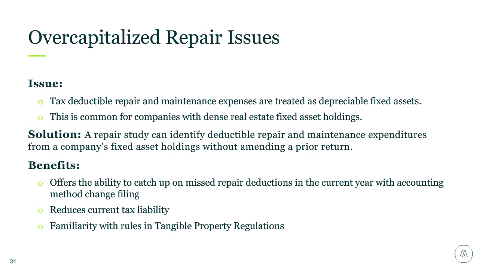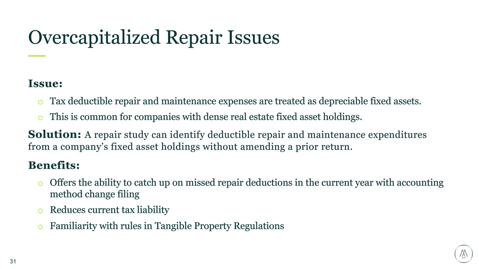And as accountants, that could be challenging for us sometimes to understand a specific plumbing system or HVAC system and how a project is really impacting that. So as a result, unfortunately, we do see some of those deductible repair and maintenance items capitalized and depreciated over 39 years.